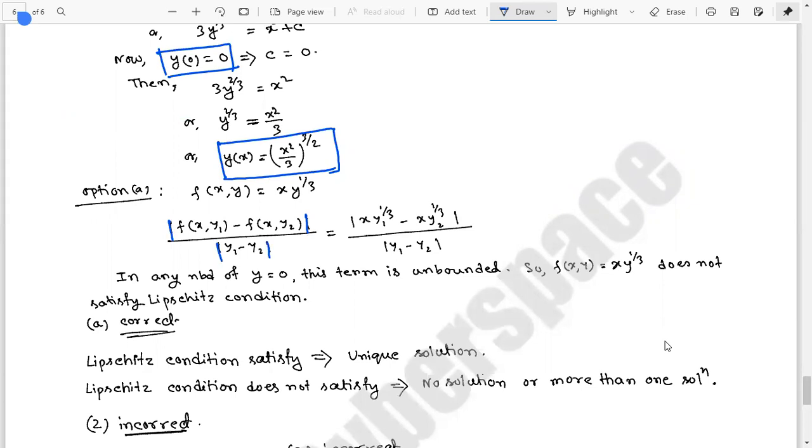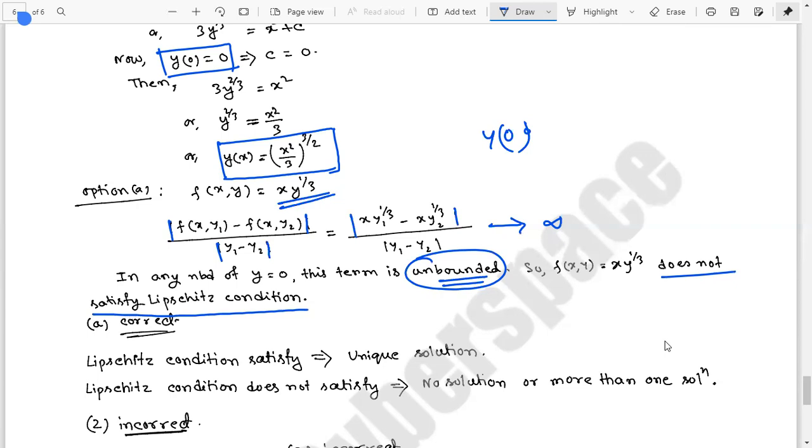So this is equal to this form, because f(x,y) equals x y to the power 1/3. Now in the neighborhood of y equals 0, this term goes to infinity. That means this is unbounded. Since this is unbounded, the Lipschitz condition is not satisfied. Since it is not satisfied, there does not exist a unique solution.